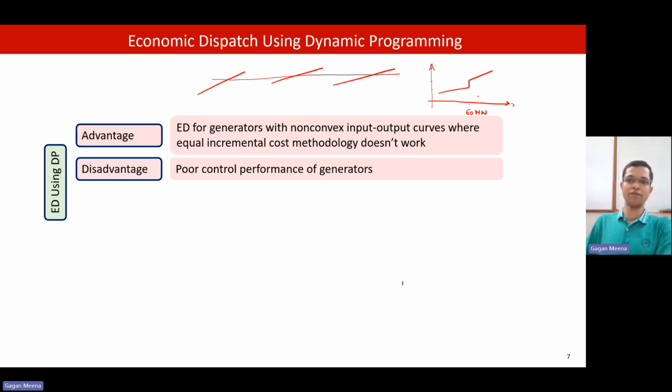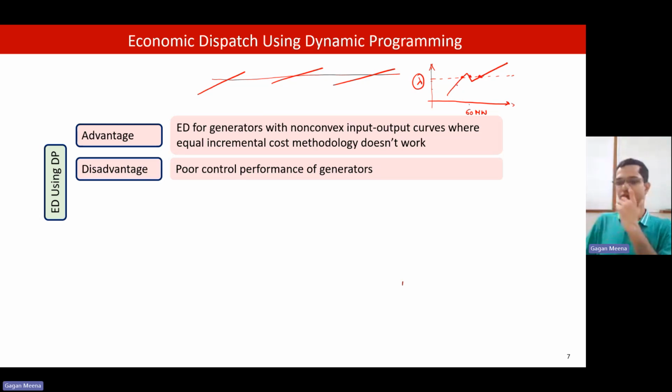So for non-convex, or it can also be something like this. Then here we can see that for the same incremental cost we have multiple generation values.